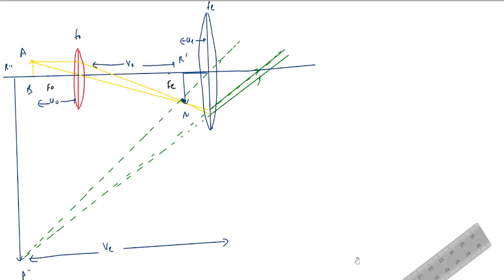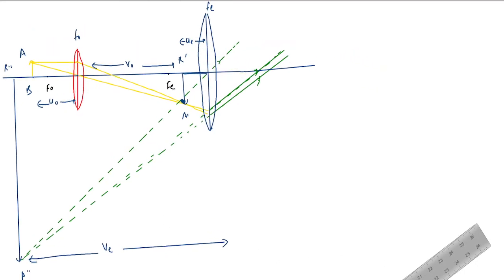Now let's find its magnification. In this case, the magnification would be because of the objective and the eyepiece. The objective behaves like a simple microscope. It behaves like a normal lens for which m is given by minus v by u.